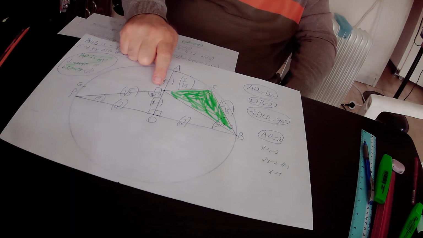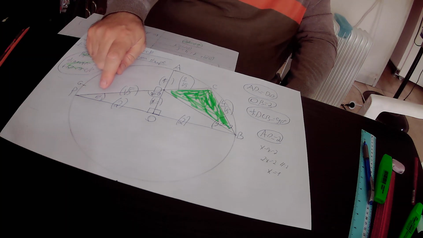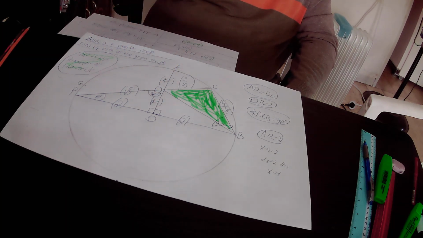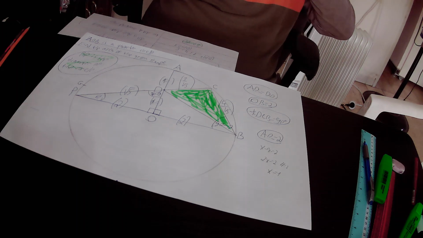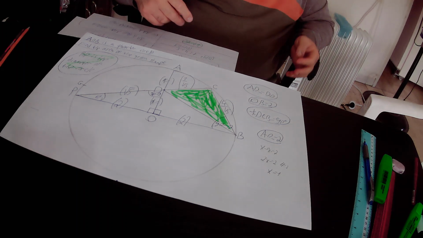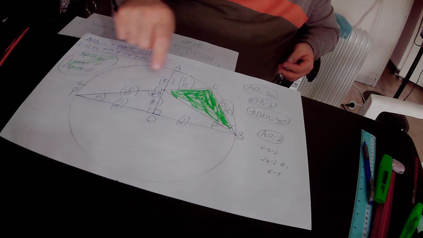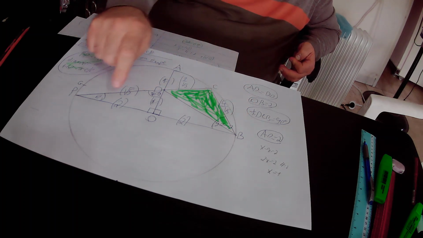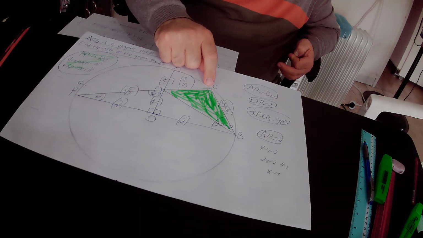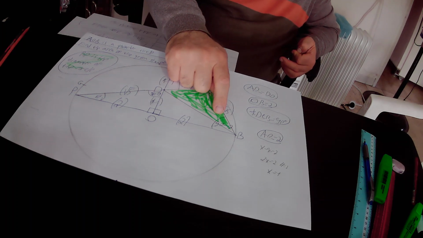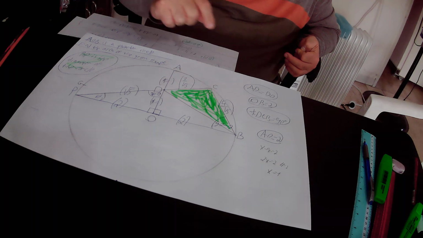Why? Because 90 degrees minus theta plus theta is 90 degrees, and 90 degrees plus 90 degrees equals 180 degrees, the sum of the angles in any triangle. Likewise, in the big right triangle PCB, this angle equals theta, this angle equals 90 degrees, therefore the missing third angle must be equal to 90 degrees minus theta.